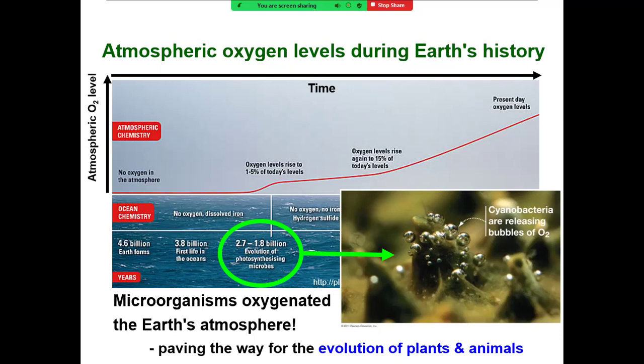And then green plants and microbes made oxygen on Earth, bringing the oxygen level up to the 21% we see today. Our highest oxygen level is about the present day, 21%.